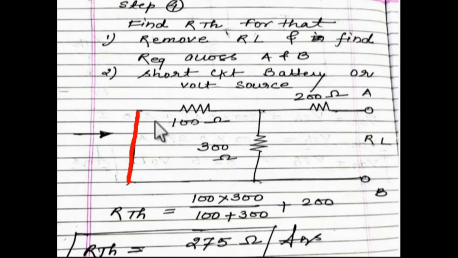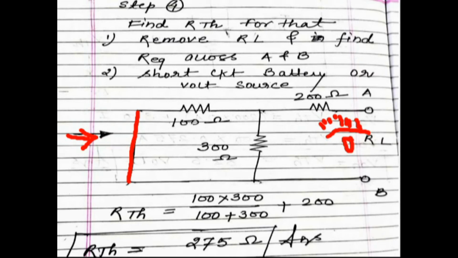Now this circuit is closed. Now you have to reduce the resistance from here. Start the reduction of resistance from here. You have to view from this side. Keep an eye from this terminal, and reduce the resistance values from here.